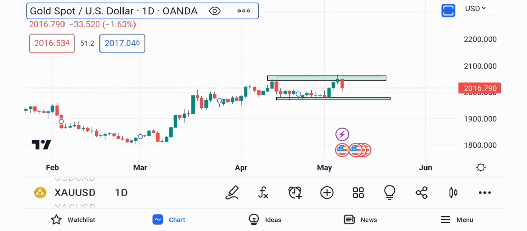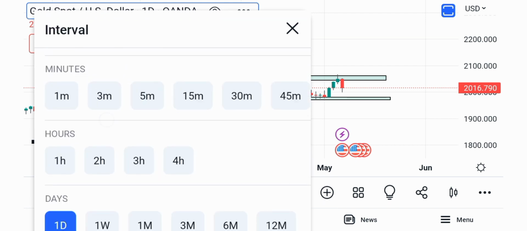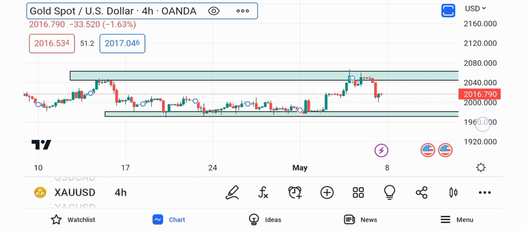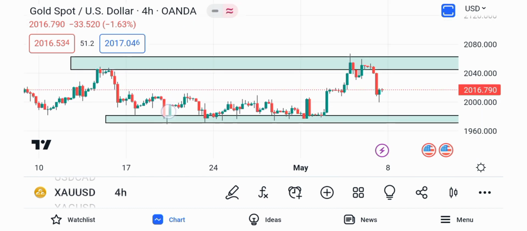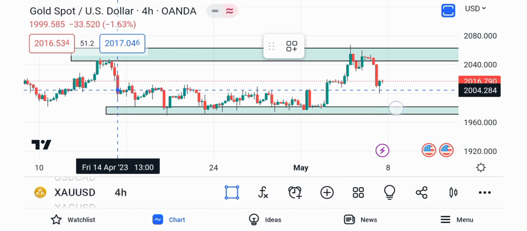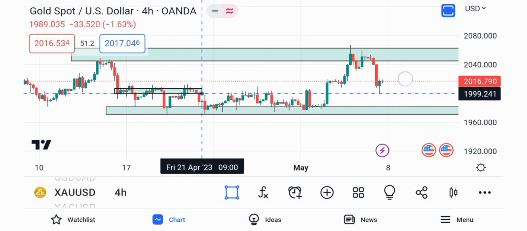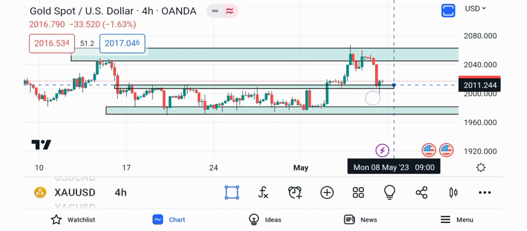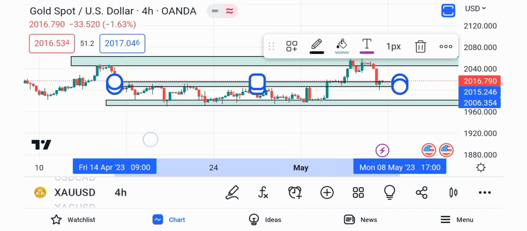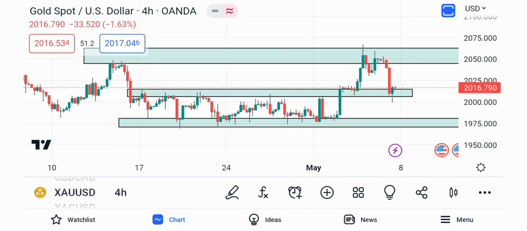So we can spot another key level here. Now moving to the 4-hour time frame, we can also see this very level here, this key point that was broken. The structure was broken. So now let's study the price action closely.